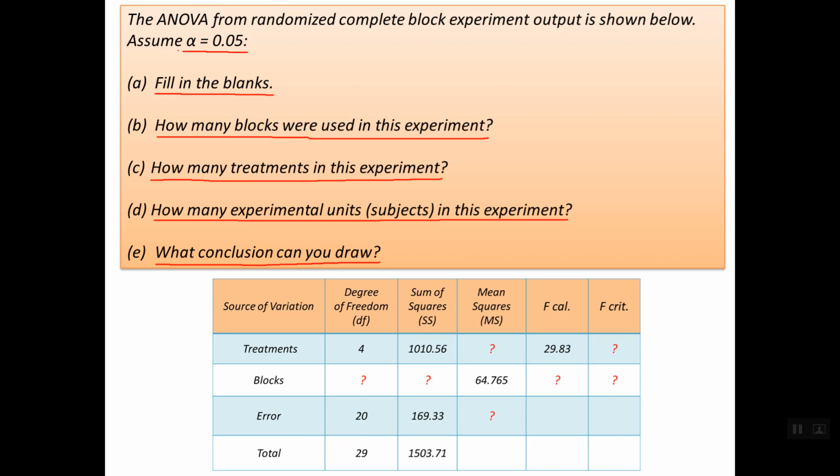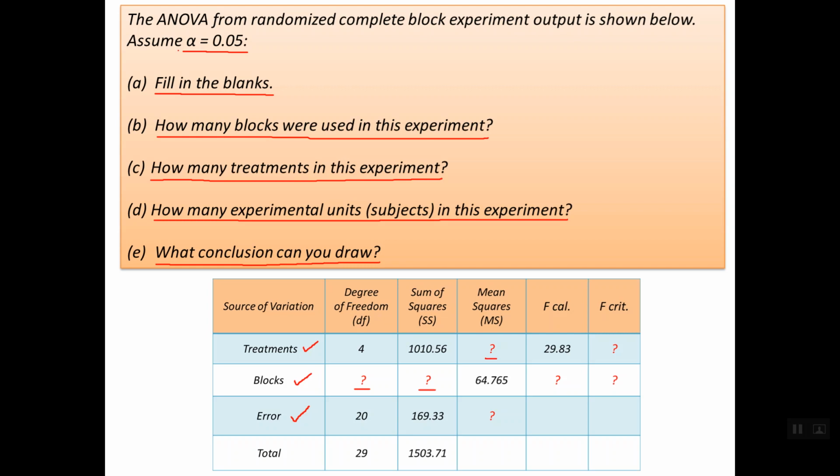As we know, for the block design, regarding the sources of variation, we have first the treatments, the blocks, and the error. So what is missing here in this table? First, we have to find the degree of freedom for the blocks, and we need to get the value of the SS for the blocks.